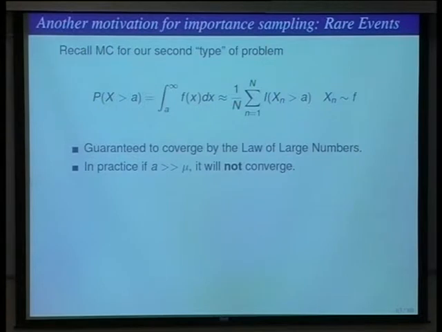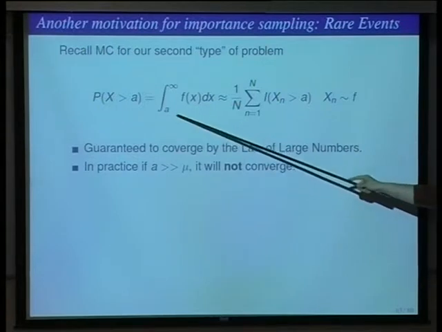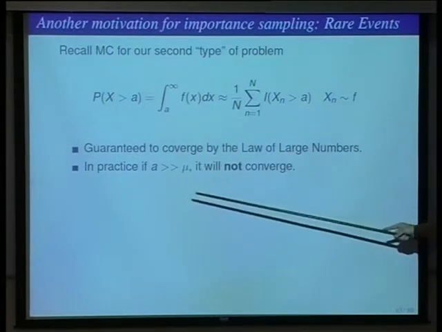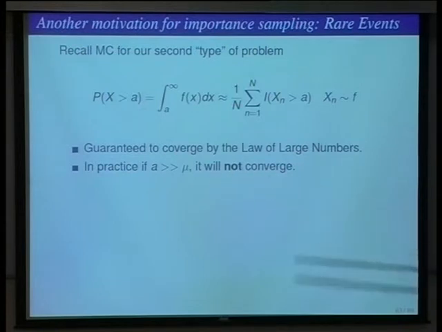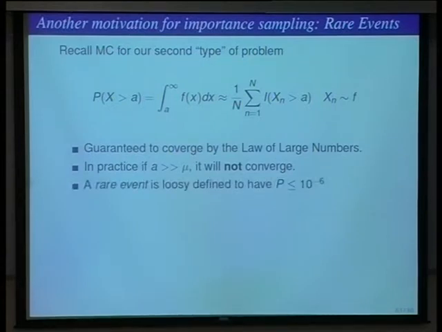In practice, if this number a is much, much bigger than the mean of your distribution, it's not going to converge. You're going to take samples and samples and samples, and you're not going to get an estimate. If you could take infinity, you would get it. The law of large numbers tells us that.